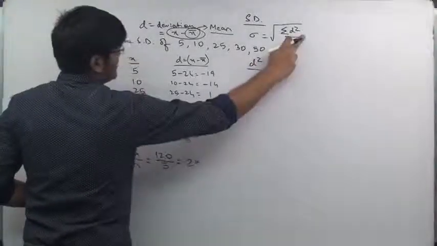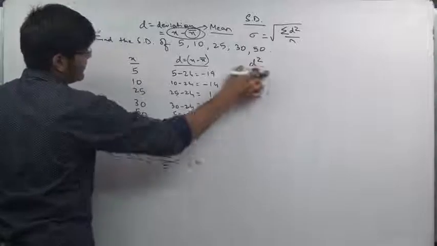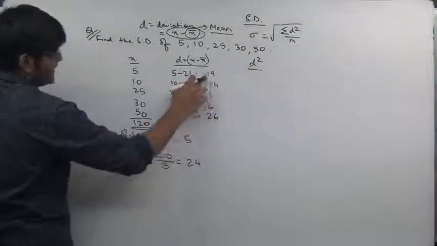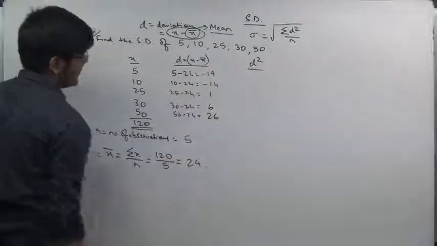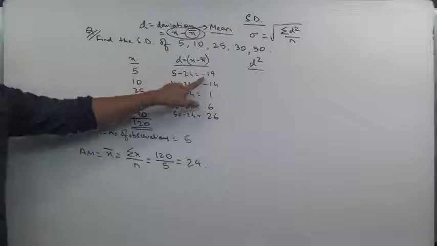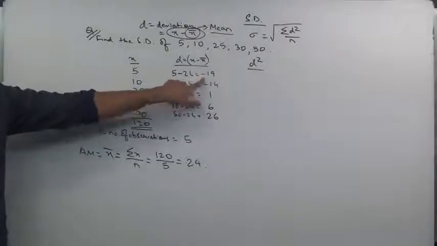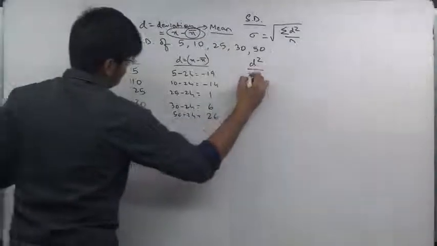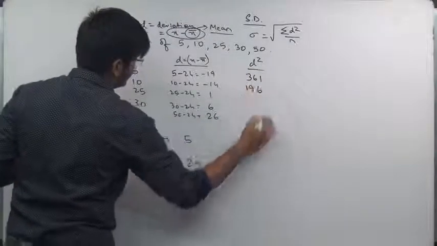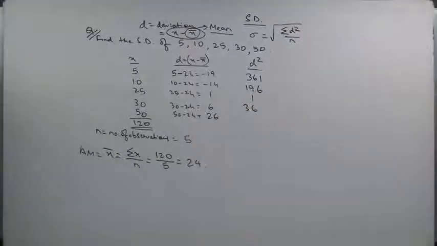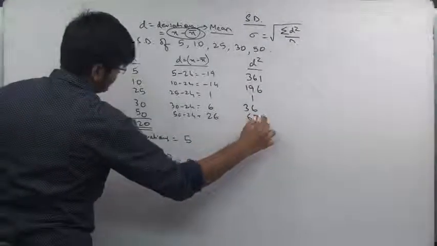Since we require summation d square, we need to find the squares of each and every deviation. So minus 19 square, minus 14 square. Whenever we square a negative number, it automatically converts into a positive one because negative times negative is positive. So 361, 196, 1, 36, and 676.